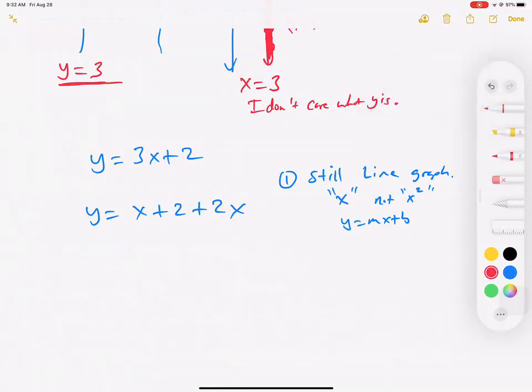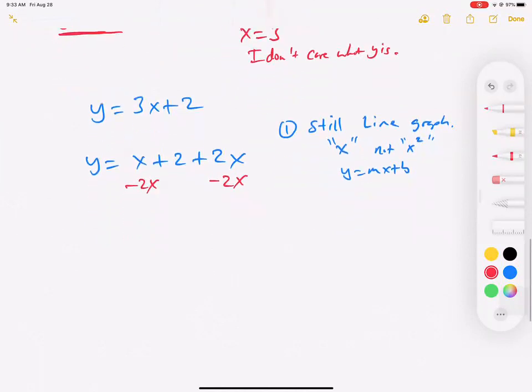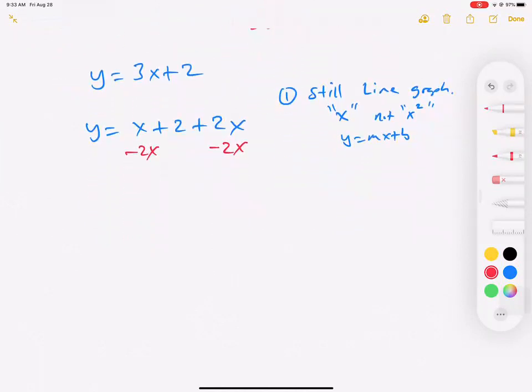Now, a simple mistake that people are going to do, they're going to subtract 2 from both sides. But they're already on the same side. So please don't fall into this trap. And this is a trap that happens to Algebra 1 kids a lot. You don't want to subtract from the same side. You're not balancing out the equation. Since they're already on the same side, just combine it.